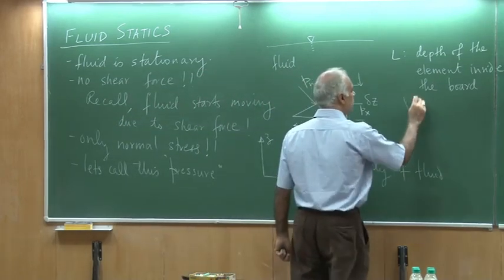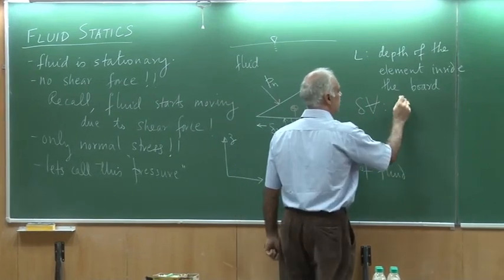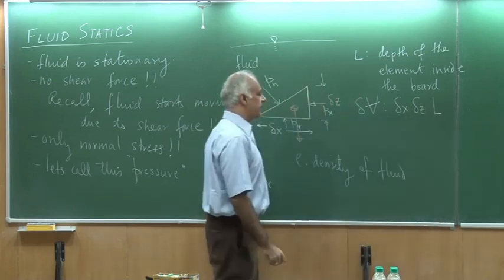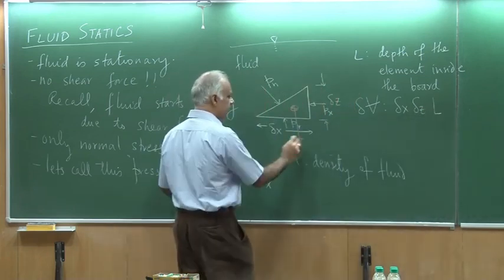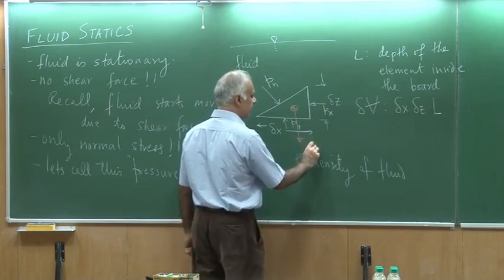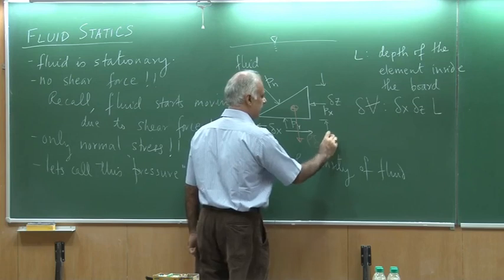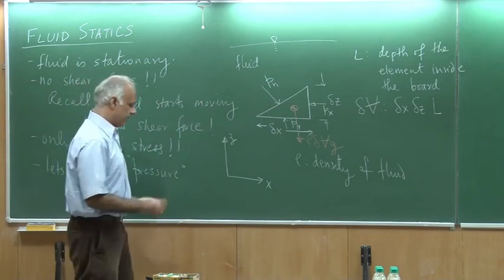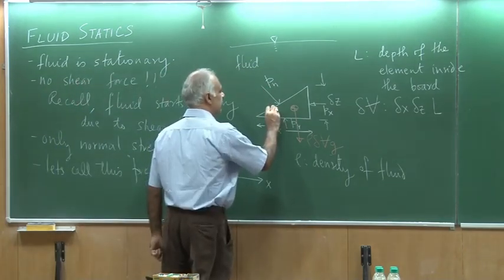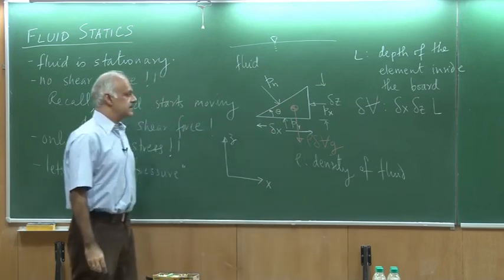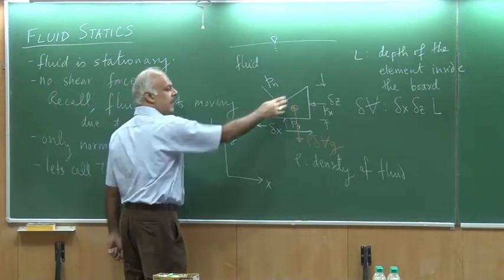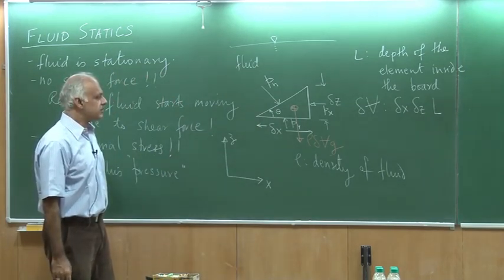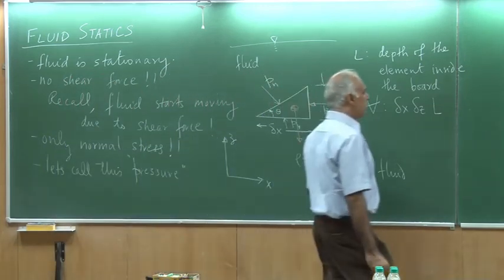Then I could say the delta volume is delta x times delta z times L. And therefore, the weight is simply rho times delta v and g. Let me call this angle theta. I am primarily interested in what happens to the value of the pressure on this normal surface of this wedge. So, let me do a force balance.